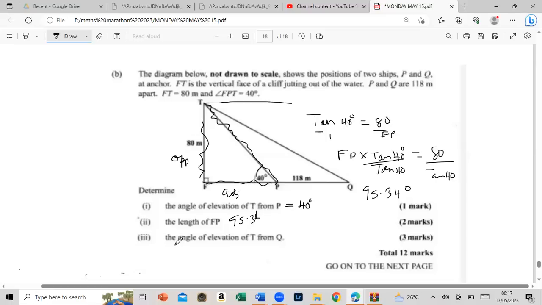What I want to do last is the angle of elevation of T from Q. So it's this angle right here. That's the angle I want. Could I find it without the length? It's 40, it's a 140.